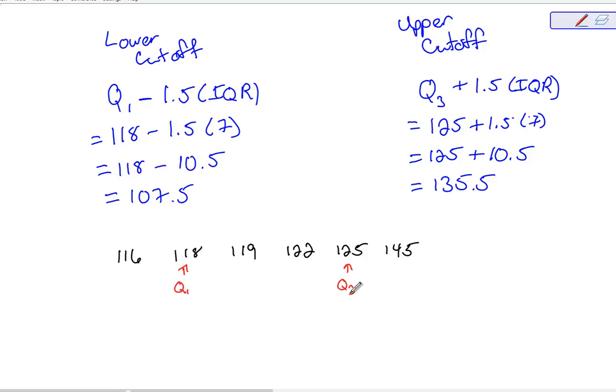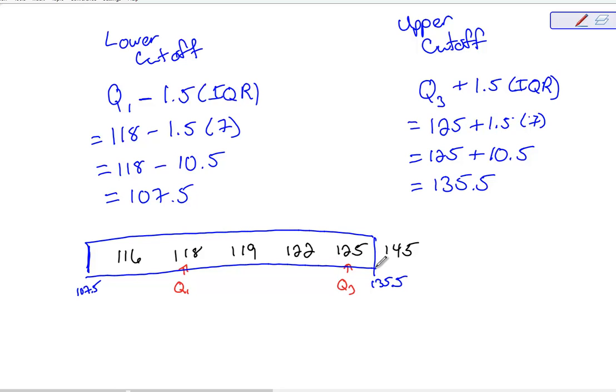Okay? Then I'm going to place my lower and my upper cutoffs on the same area. So 107.5 would be about right here, and 135.5 would be here. And I'm going to kind of box it in.